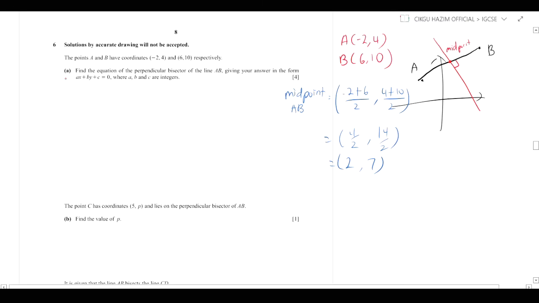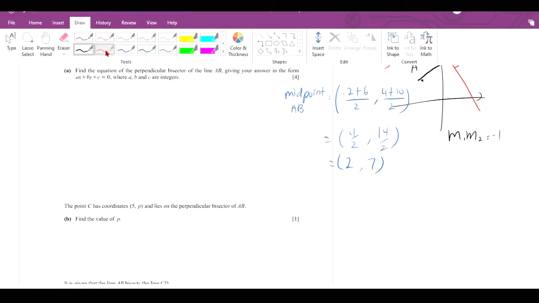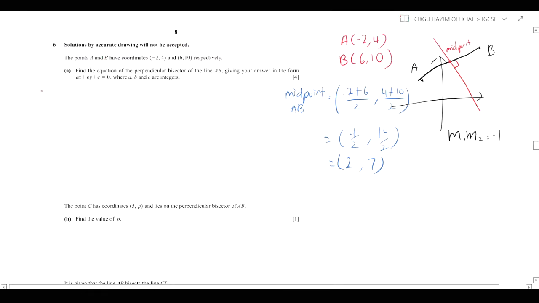And how about the gradient of AB? Because we need to find the perpendicular. Whenever perpendicular, we use m1 times m2 equal to negative 1. So what is m AB here? The gradient of AB, y2 minus y1 over x2 minus x1. So we have 4 minus 10 over negative 2 minus 6. We're going to have negative 6 over negative 8.